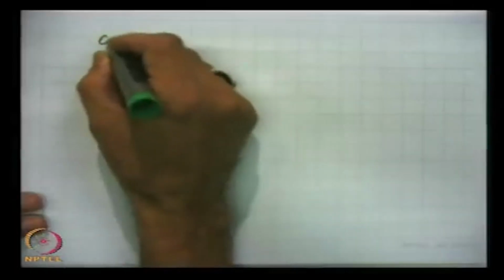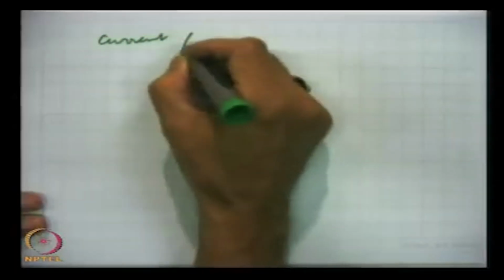Therefore, the parameters which we have used in the small signal analysis, like current gain beta, we took it linear.